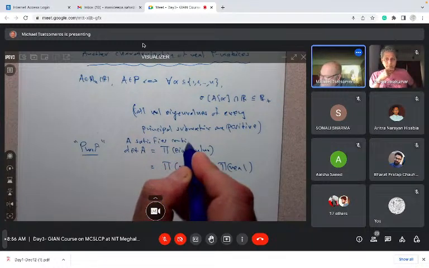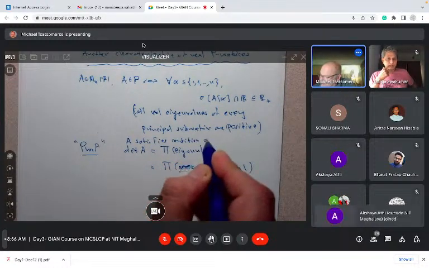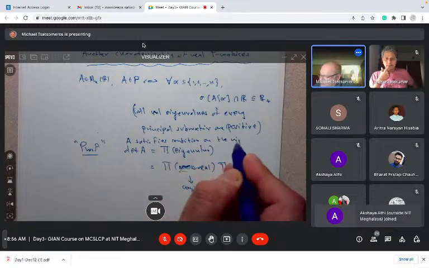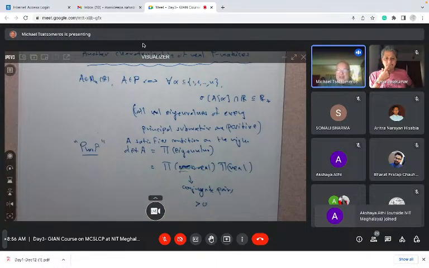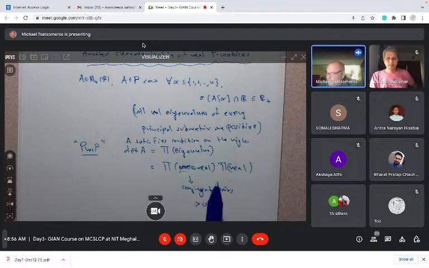Zero would be a real eigenvalue, and therefore it cannot be an eigenvalue, because it would have to be positive. So the product of the eigenvalues, which is the determinant, is the product of the non-real times the real. The real eigenvalues are positive, so the determinant of A is positive.